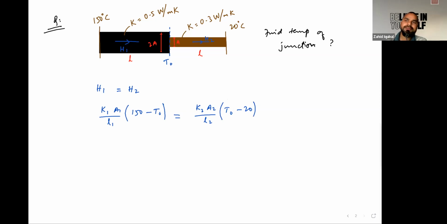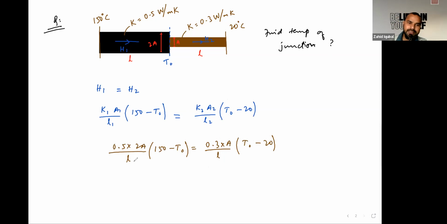Just equate these two terms. So K we have 0.5, area is 2 times A, divided by length L, temperature difference 150 minus T naught. K 0.3, area A, divided by length L, temperature difference T naught minus 20.